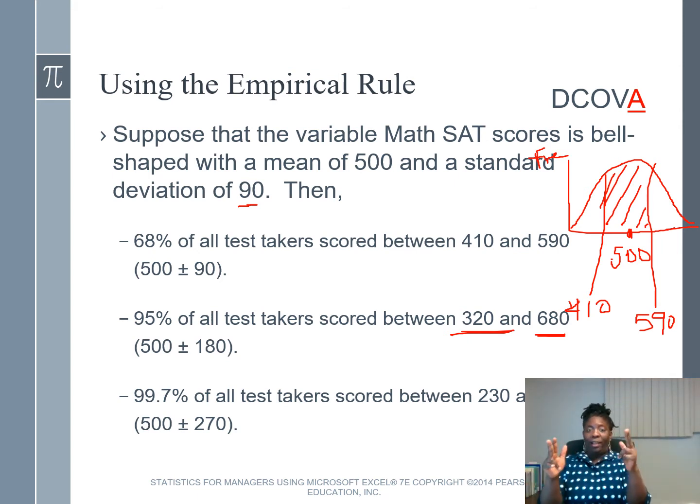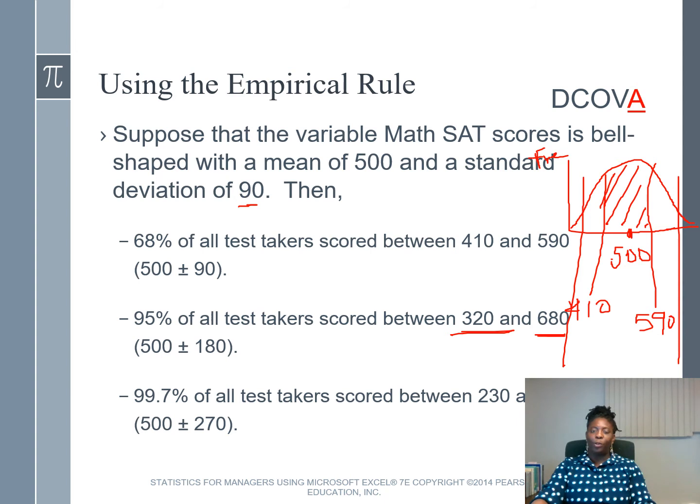Notice that the width is wider than the 68%. We know 68% will score between 410 and 590, a little bit more precise. If we go further out, 95% will score between 320 and 680, and 99.7% of test takers will score between 500 plus or minus 270.